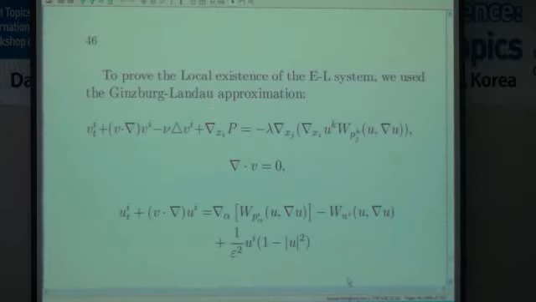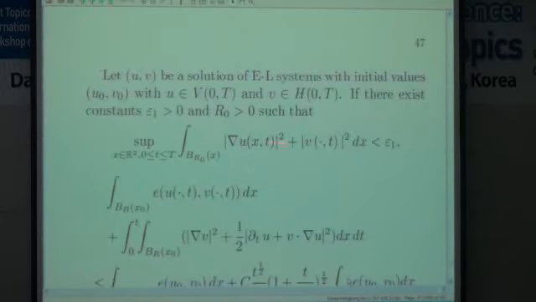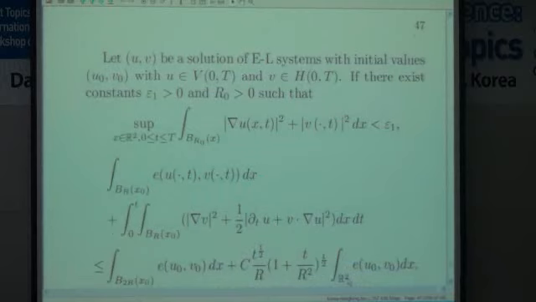But the only thing different is the so-called local energy inequality. We don't have a local energy inequality before concentration. We can control the energy at time T by the initial energy before concentration. So before the maximum time T, you have this energy inequality.